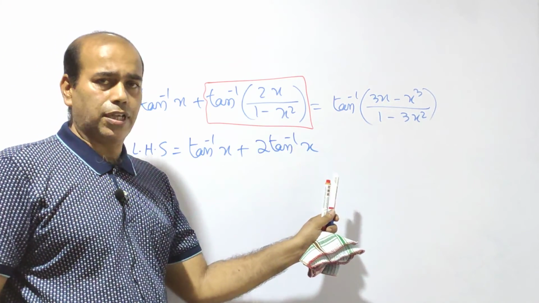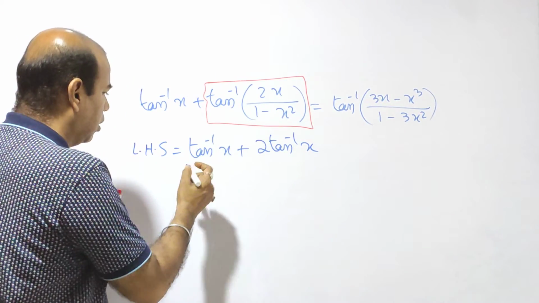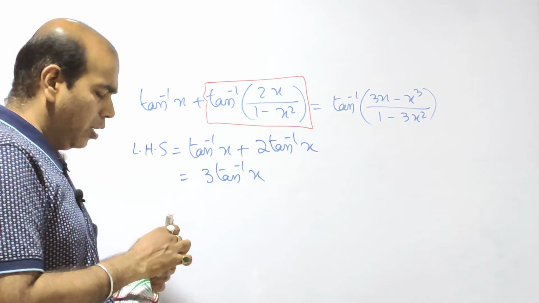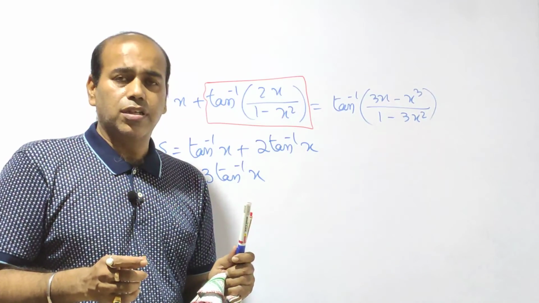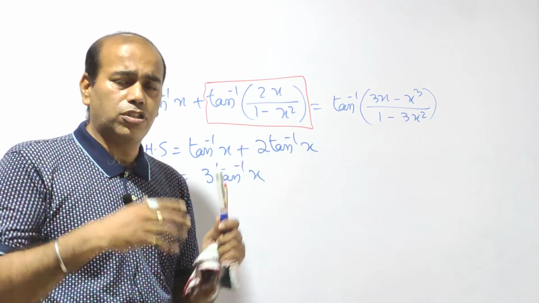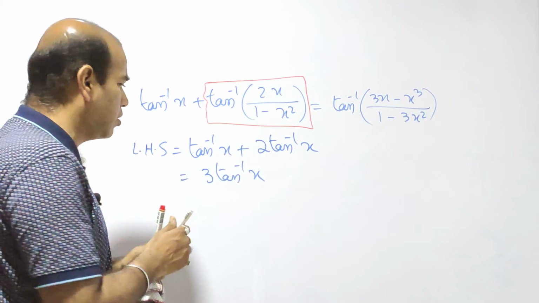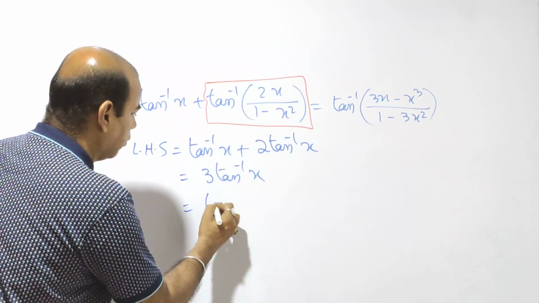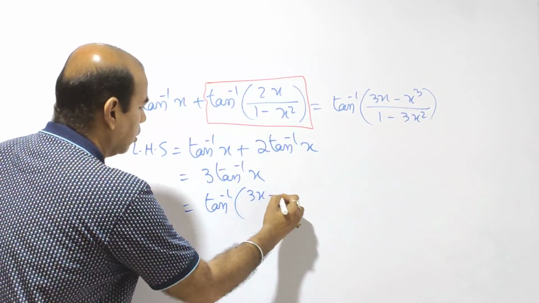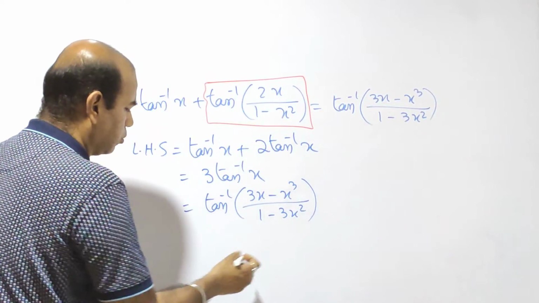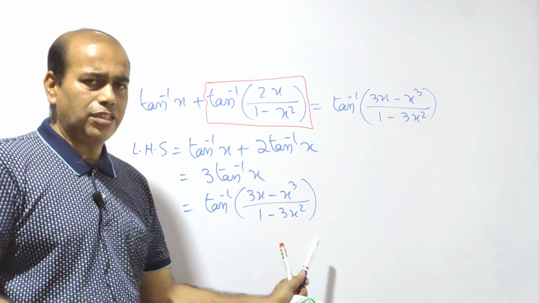Now 2 tan inverse x I got, and this is 1 tan inverse x, so the result is 3 tan inverse x. If you see my first lecture, 3 tan inverse x is a direct formula: tan inverse (3x minus x cube by 1 minus 3x square). That's it. That's the proving.